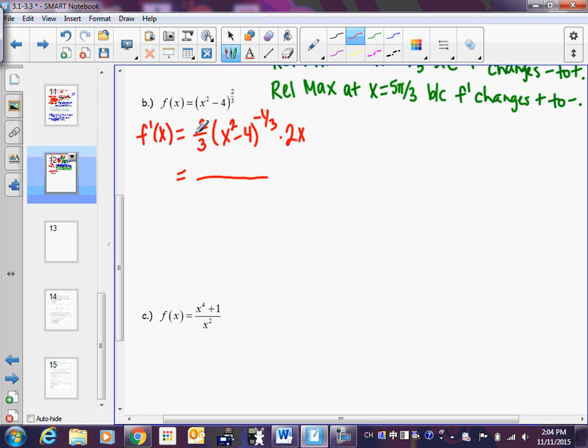Besides this 2 on top of the 2/3, the only other thing on the top is this 2x, because a negative exponent means move it to the denominator. So I have a 2 times a 2x. That makes a 4x in the numerator. And in the denominator, I have that 3 from the 2/3, and I have the x squared minus 4, because it's a negative power, so it goes in the denominator.